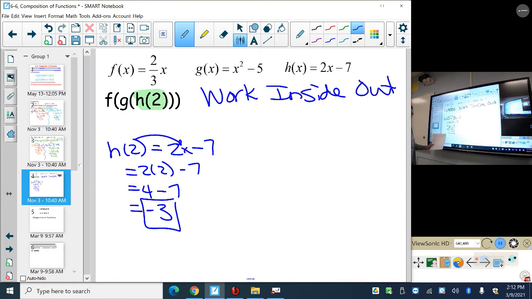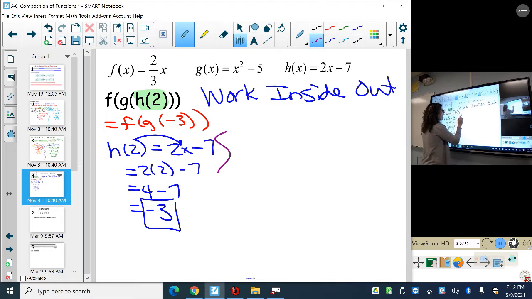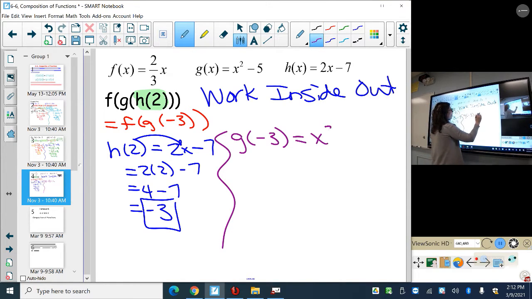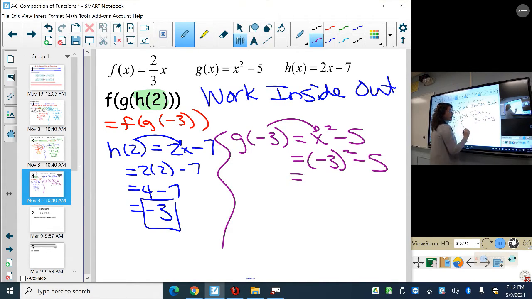Every place I see an h at 2, I'm going to put in negative 3. So now I'm going to do g at negative 3. g is described to be x squared minus 5. Okay? Every place I see an x, I plug in a negative 3. Negative 3 squared is going to be 9. Minus 5 is 4.